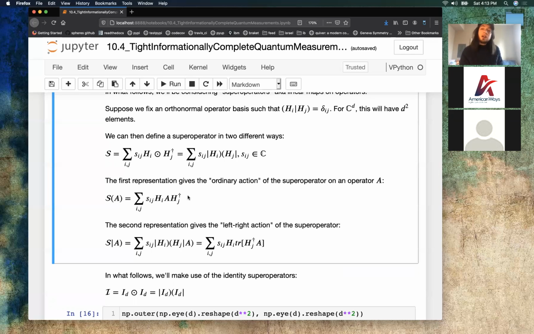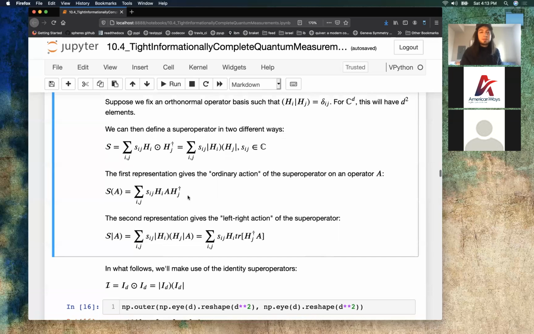But you could also think about the so-called left-right action of the superoperator. Writing it in this way, you would go over all of these little operator basis elements. You would vectorize them, right? And this will give you some matrix.